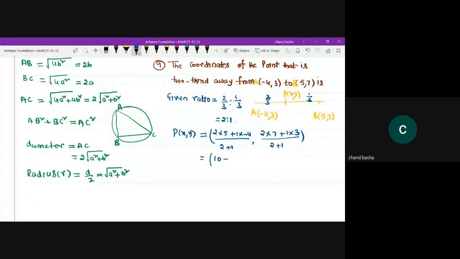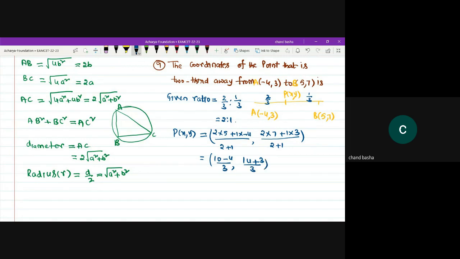It is 10 minus 4 divided by 3, and it should be 14 plus 3 divided by 3. This should be 6 divided by 3 and 17 divided by 3. What you said is absolutely correct. That is, 2, 17 divided by 3 is the required answer.